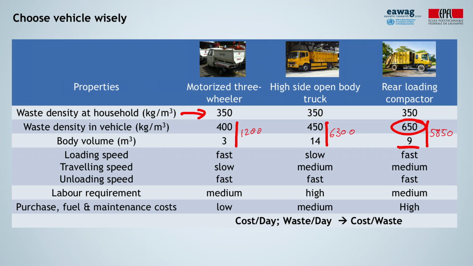So you see that the compactor truck, under these circumstances of density, can actually transport less than an open body truck. If you then compare other factors in terms of performance, you can then calculate the cost per day of the vehicle, compare this with the waste per day it can collect, which then gives you a cost per kilogram or ton of waste collected.